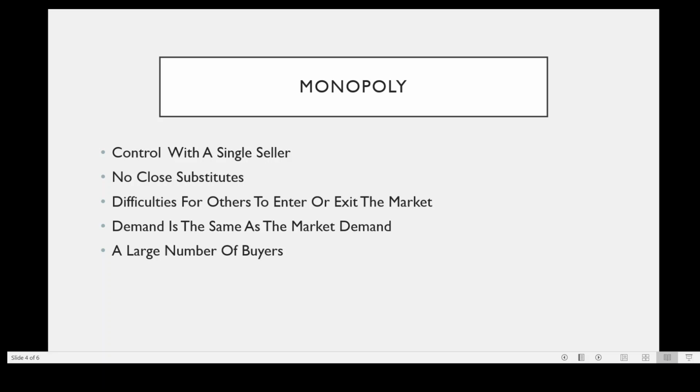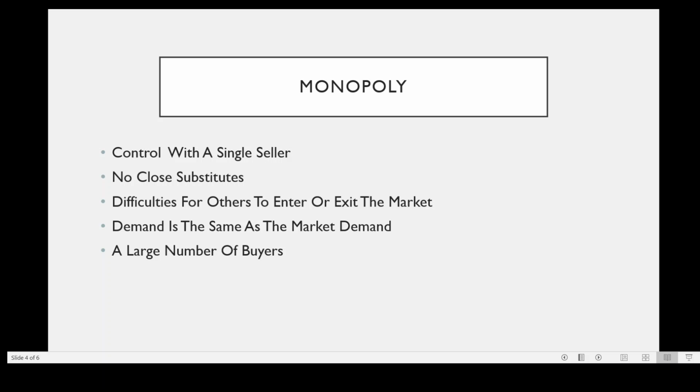As against this, in stark contrast, we have a single seller monopoly, where there are no close substitutes. People cannot just enter or exit that market. And the privileged access is for the monopolist. There the monopoly firm enjoys the same demand curve as the market demand curve.